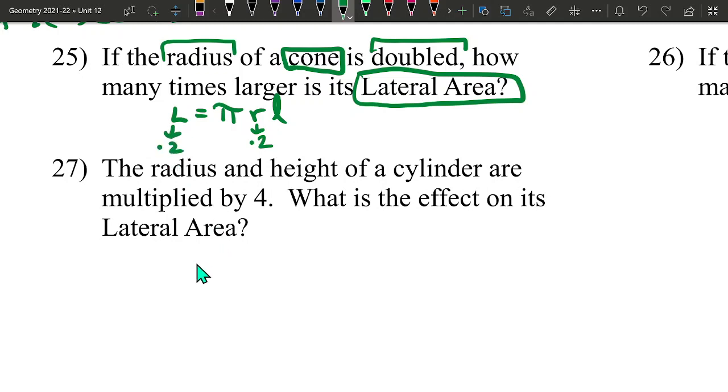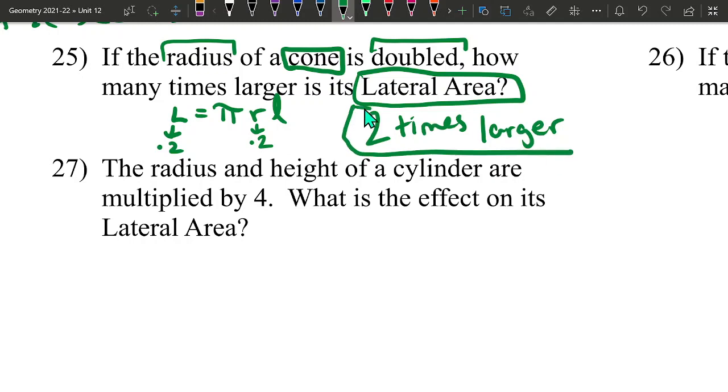All right, so now it's equal, and I've done everything it said to do. How many times larger is the new area? Well, L, the area, was multiplied by 2. So it's 2 times larger, because I didn't change everything. I only changed one piece. So the area is now 2 times larger.